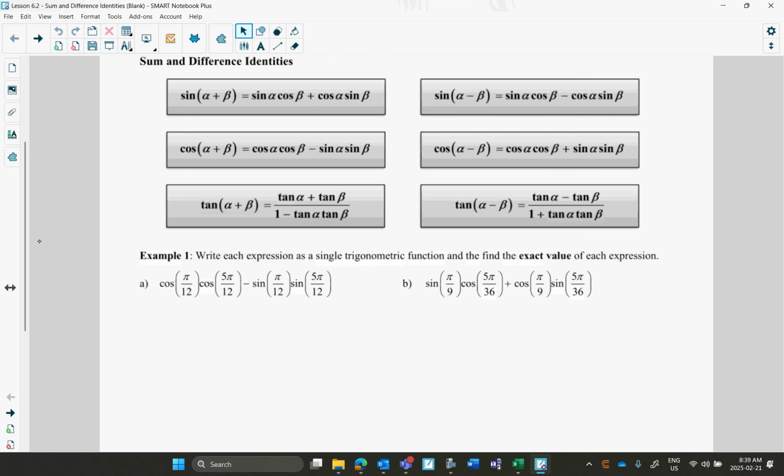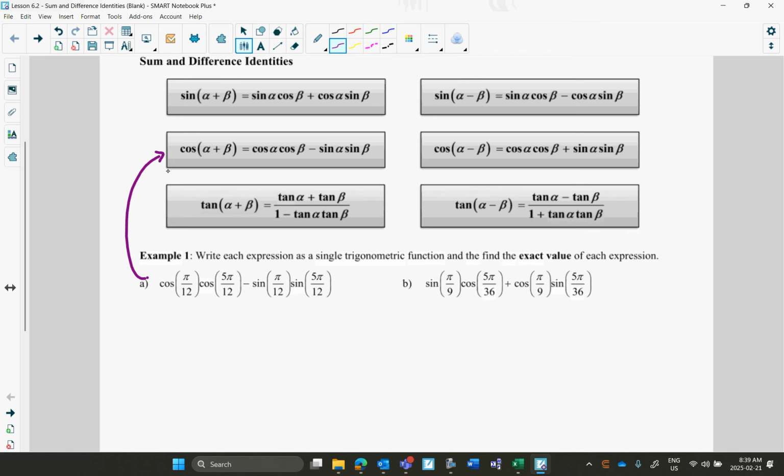If you look here, what trig identity is this the same as? If we take cos of one times cos of the other minus sine of one times sine of the other, it's the same as this one, because we have cos minus sine.